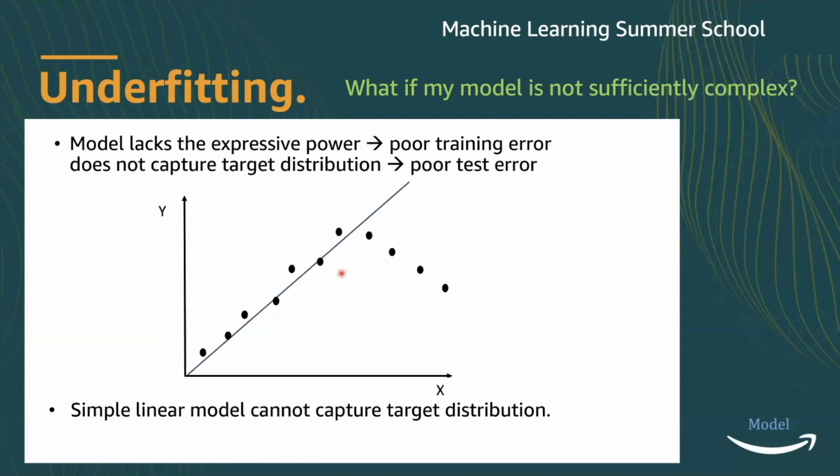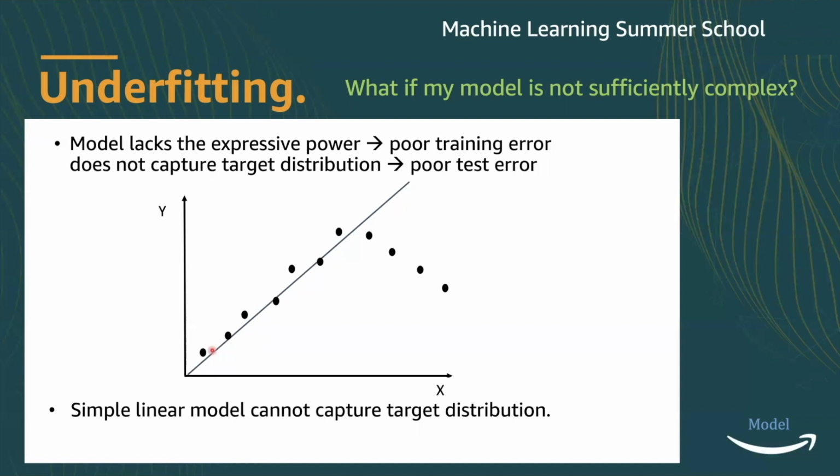Now, what happens if you have the opposite case where your data is high dimensional, in this case something coming out of an order 2 curve, but the model that you're fitting is not sufficiently complex. Now the opposite happens.